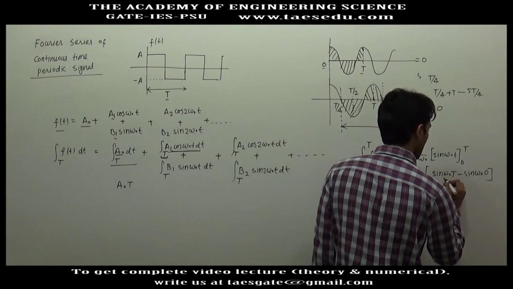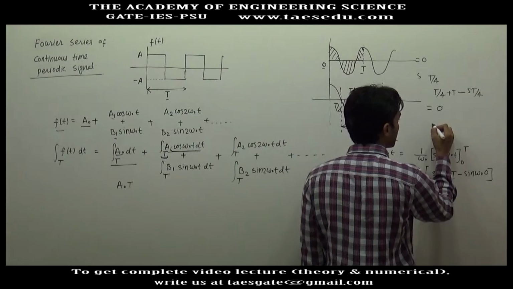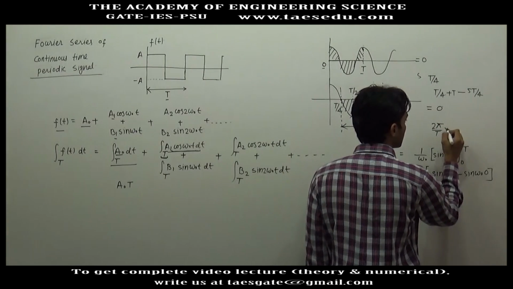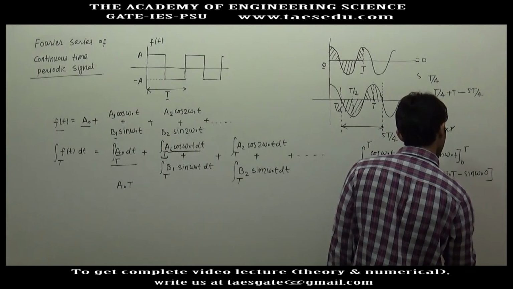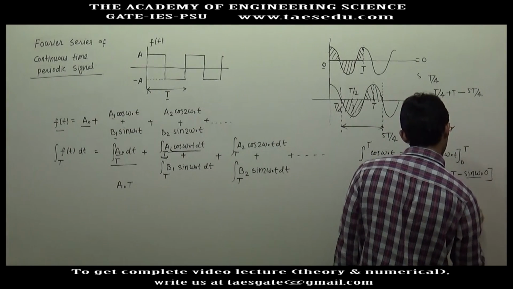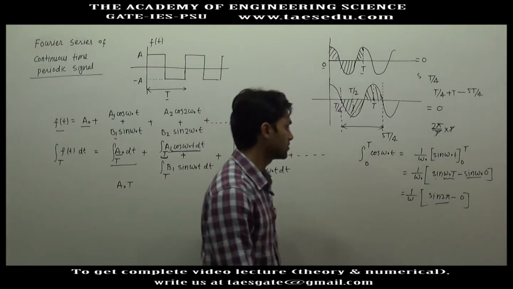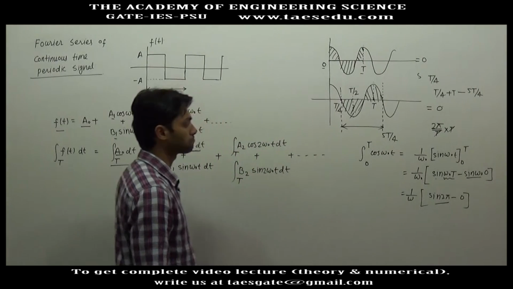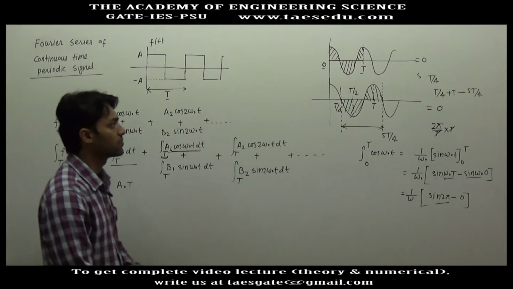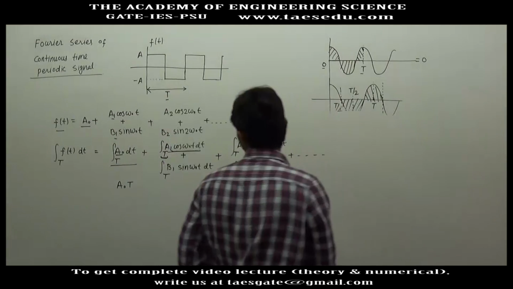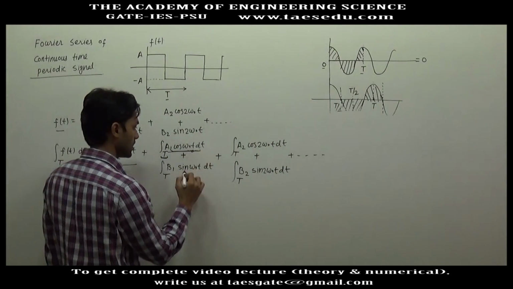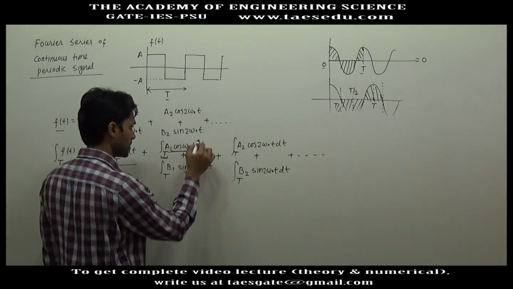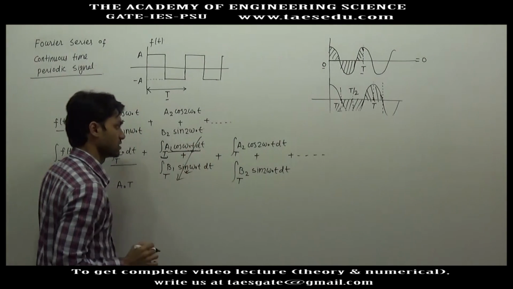Omega naught is 2 pi by capital T, so omega naught T gives sine 2 pi minus sine 0, and sine 2 pi is also 0, so you will get 0. But I will prefer the graphical method. Here you have a cos term, and even for the sine term the same rule is applied. Both these integrations are 0.